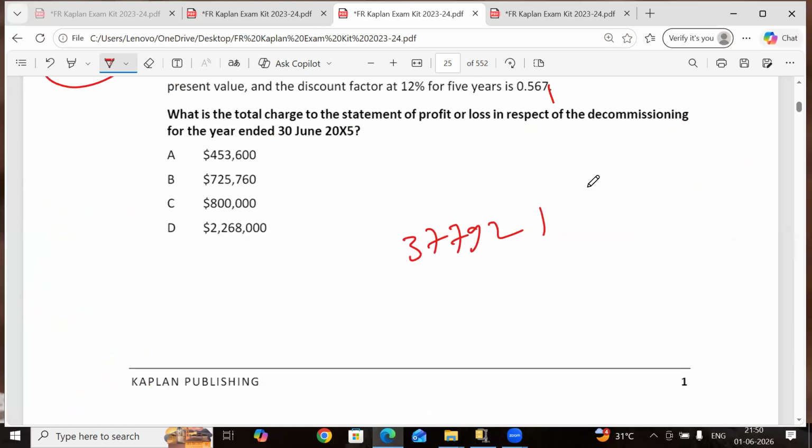Okay, with this, what was the interest expense? 3,023. What is the interest payment? 2,400. See what answer you are getting.